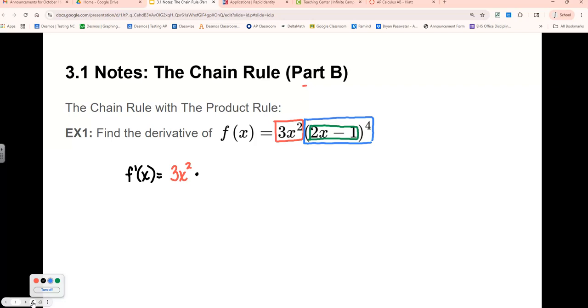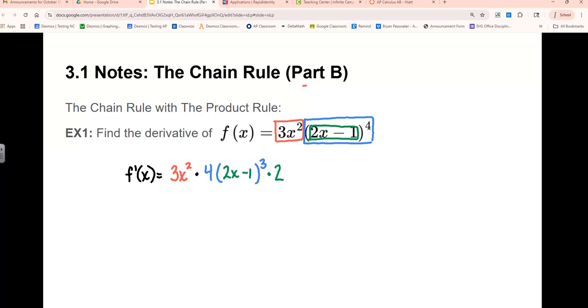So I'm going to take the derivative of the outside part, which is to the 4th power. So that's going to be 4 times the stuff to the 3rd power. And then the stuff on the inside, 2x minus 1, stays the same. And what else do I have to do? Multiply by the derivative of the stuff on the inside, which is 2.